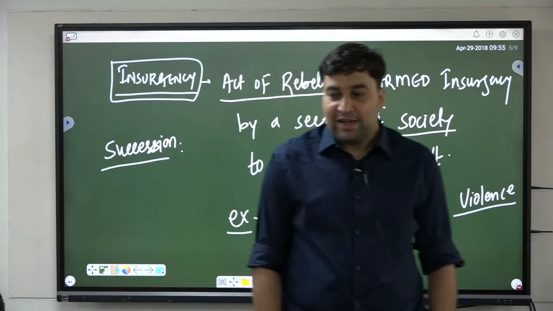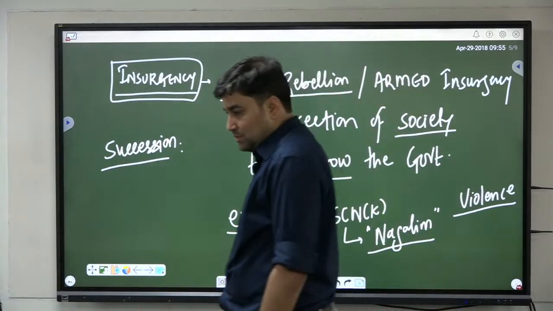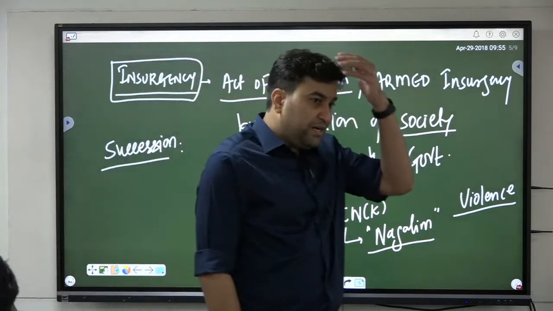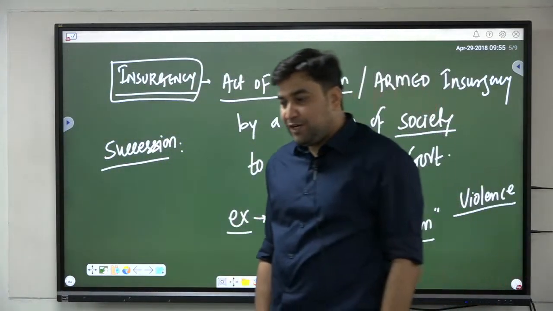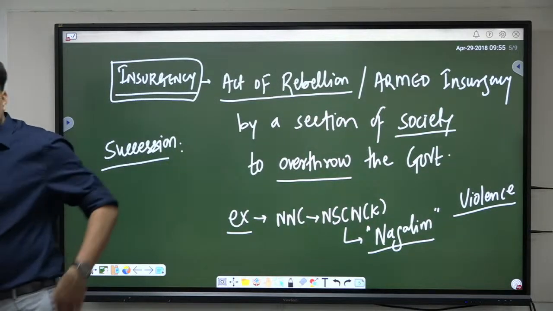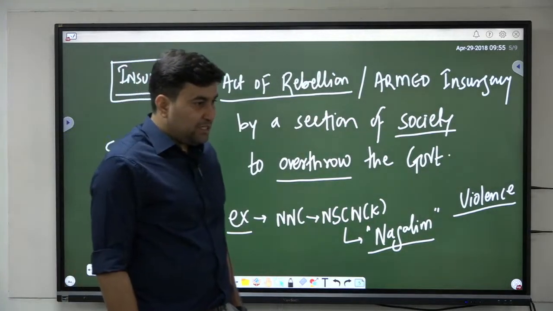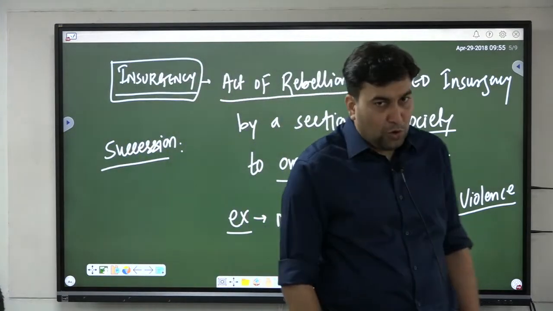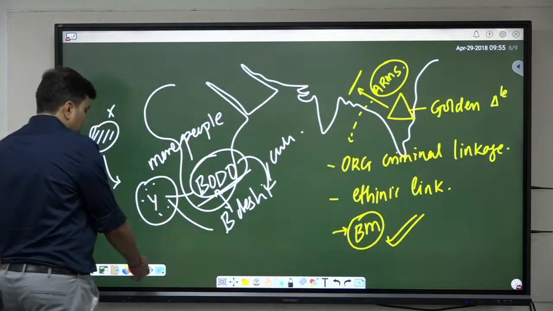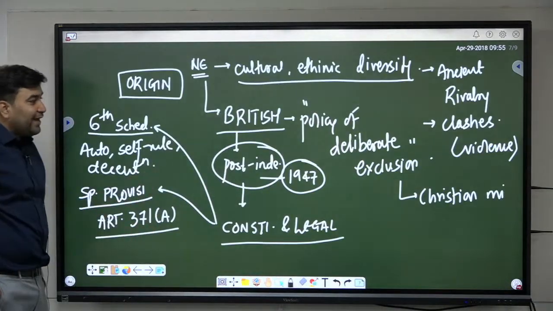Full stop. Hence, the British government followed, the British government when? Before independence. Hence the British government before independence followed, what did they follow? A policy of deliberate exclusion.